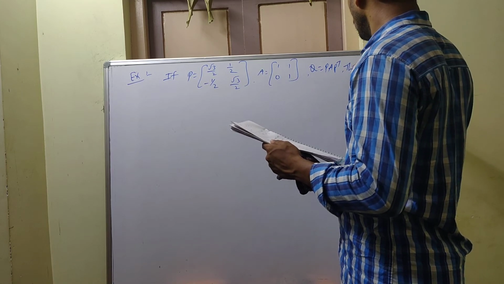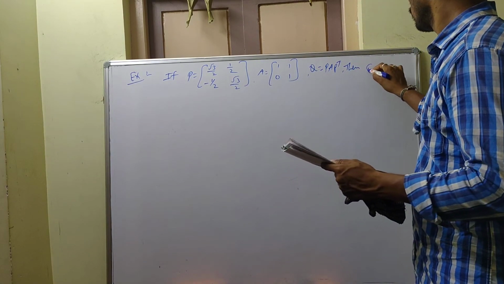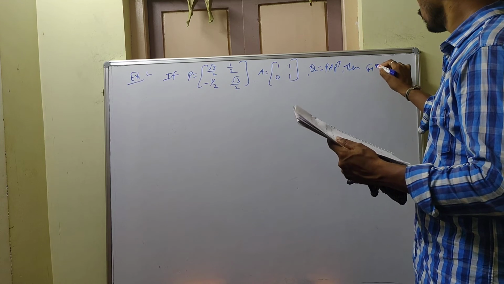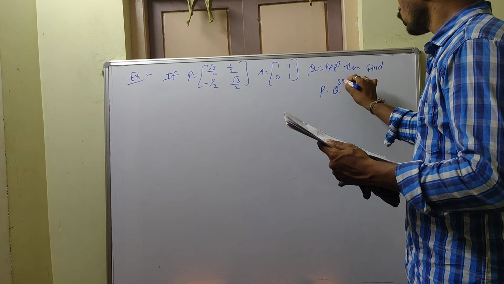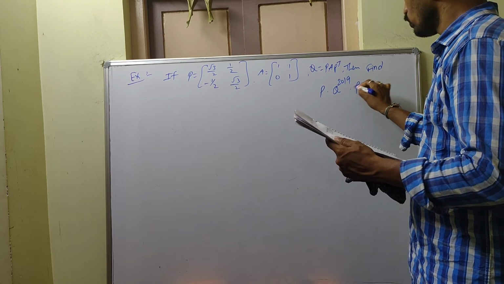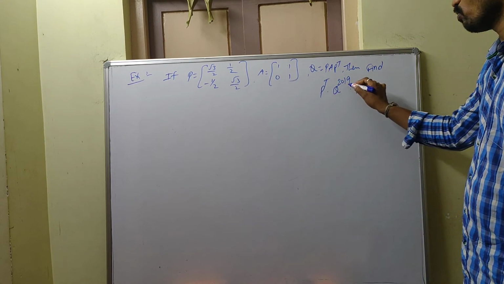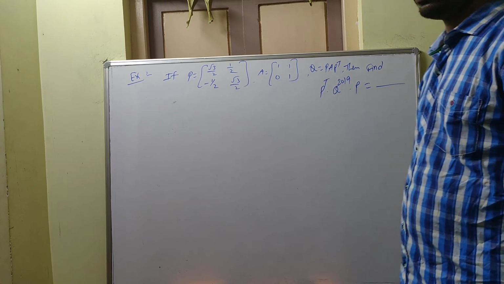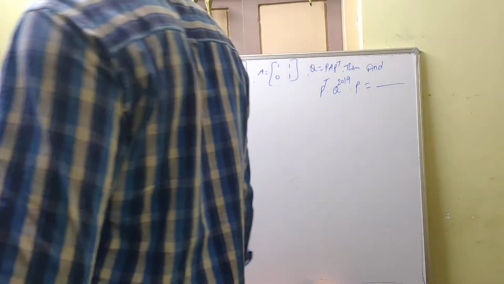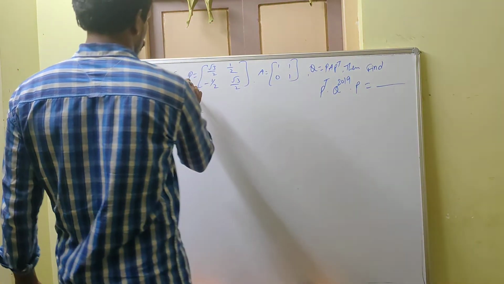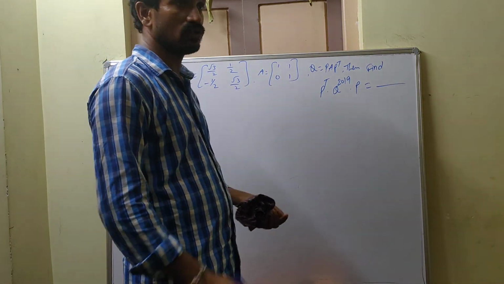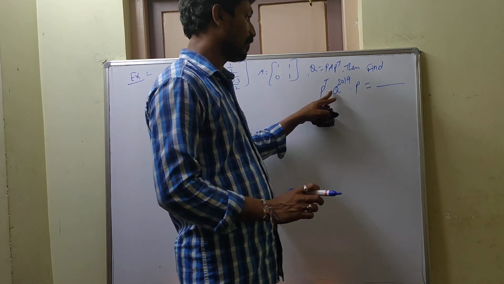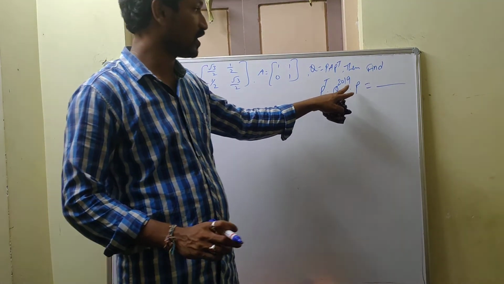Then find P transpose into Q power 2019 into P. In this problem, what they gave: the P matrix and the A matrix. What is asked: P transpose into Q power 2019 into P.